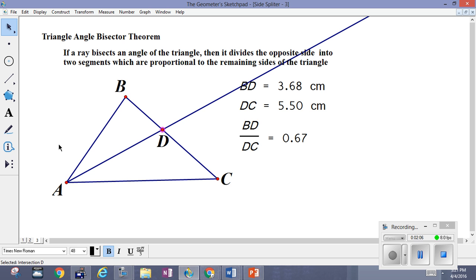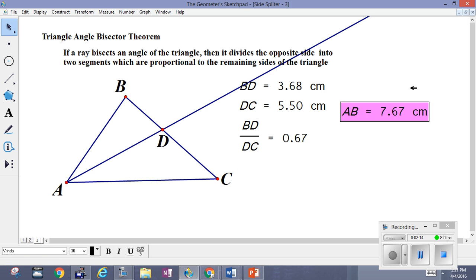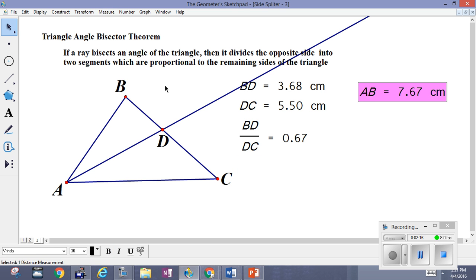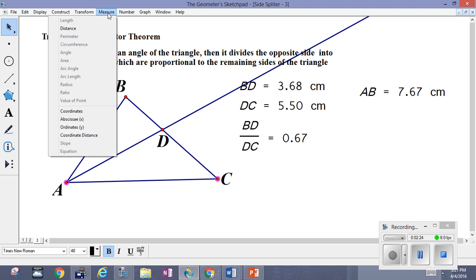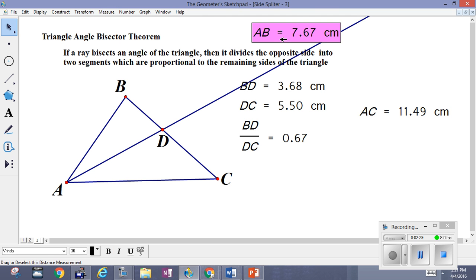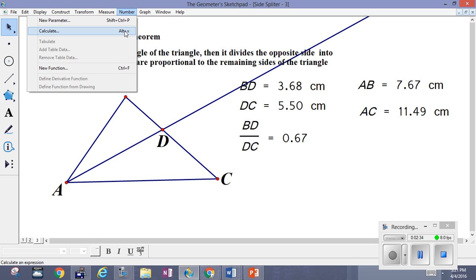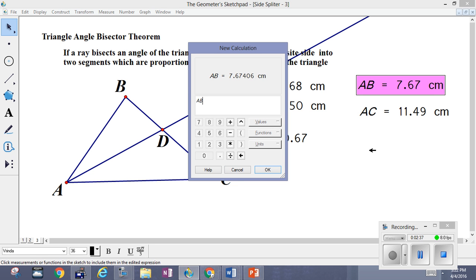So I want to measure AB, the distance AB, and we'll put that up here, and I want to measure AC, the distance AC. And now I want to take their ratio, so let's calculate the ratio of AB to AC.